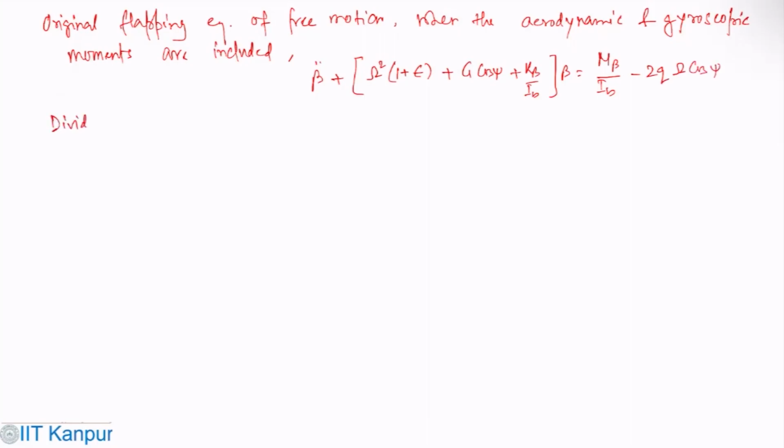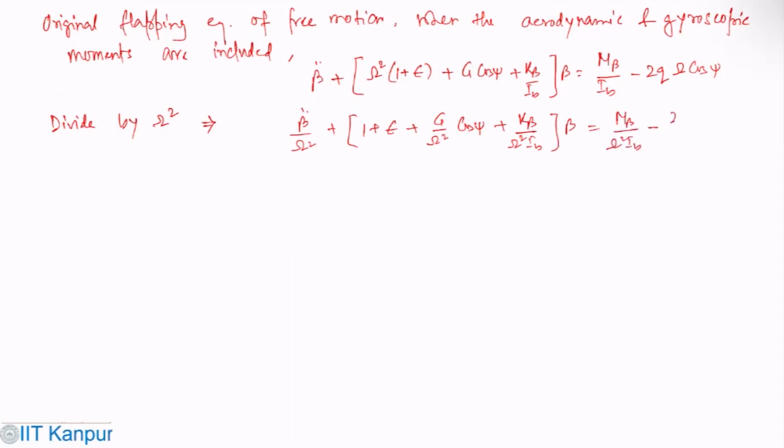Now we divide by omega square, and what we get is beta double dot by omega square plus (1 plus epsilon) g by omega square cos psi, k beta by omega square Ib beta, equals m beta by omega square Ib minus 2q bar cos psi.